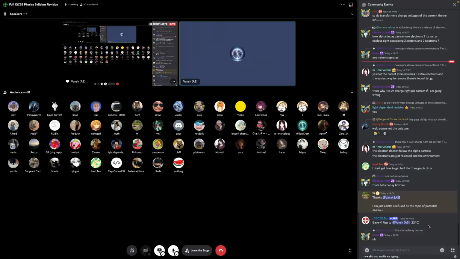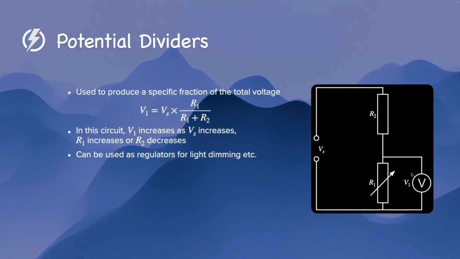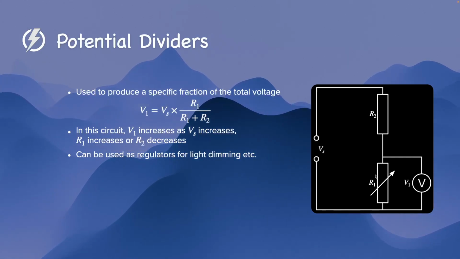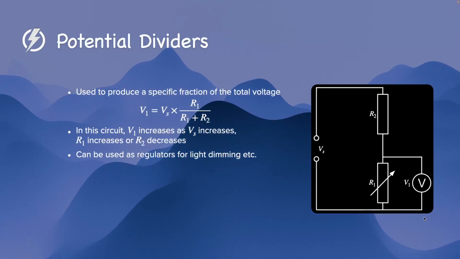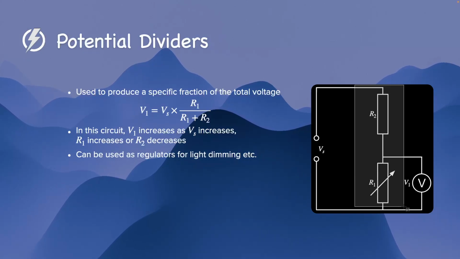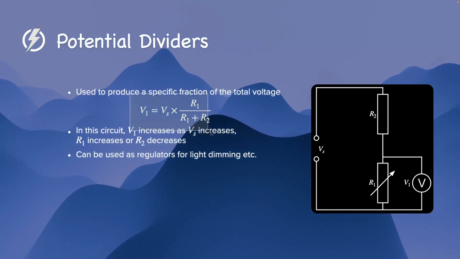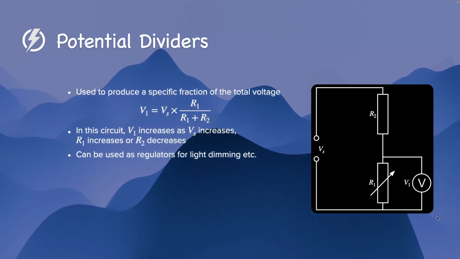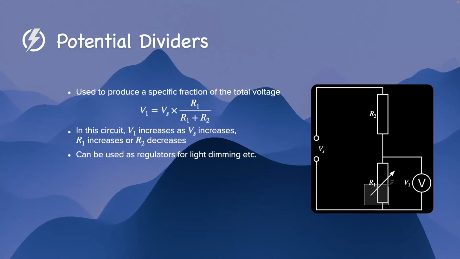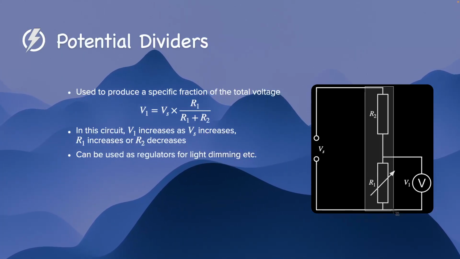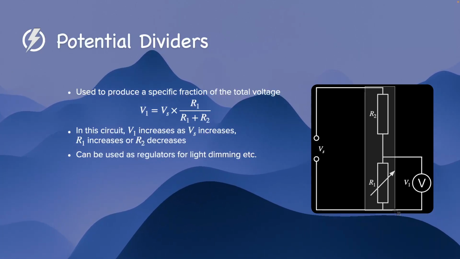We're confused on the topic of potential dividers. Let me just show you real quick once again. This is when you have a really high source voltage, but you need a part of that voltage across one of your other components. So you have multiple resistors set up like this, and the formula that you use is that this voltage recorded by the voltmeter will be equal to the resistance of this upon the total resistance in the main branch of the circuit.